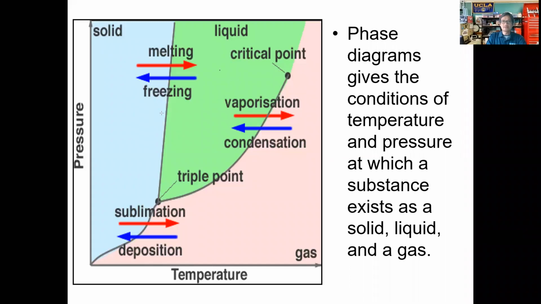Let's consider going from this point here downward, and I'm sorry, that's a little bit off. At this point here, we are decreasing the pressure rather than increasing the temperature.